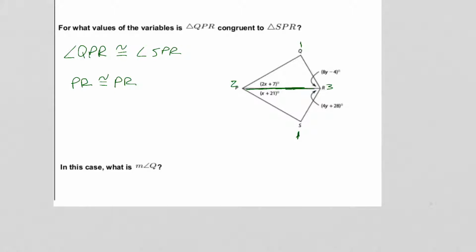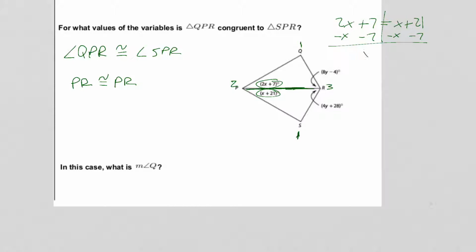So if you knew that, we have to find the measure of x to find out what that angle measure would be. So you're going to have 2x plus 7 would have to be equal to x plus 21, right? This angle would have to be equal to that angle. So set them equal to each other and then solve for x. Subtract x from both sides. Subtract 7 from both sides.